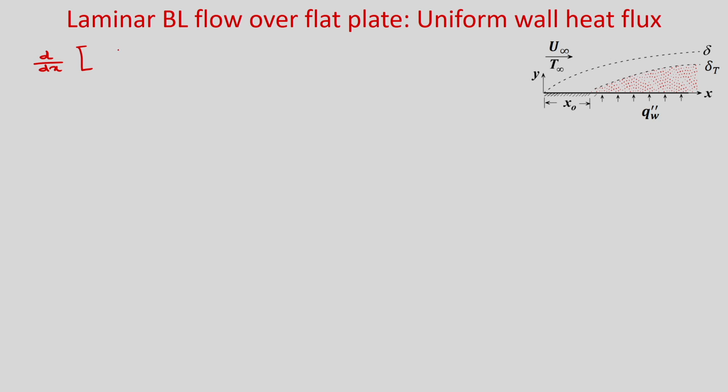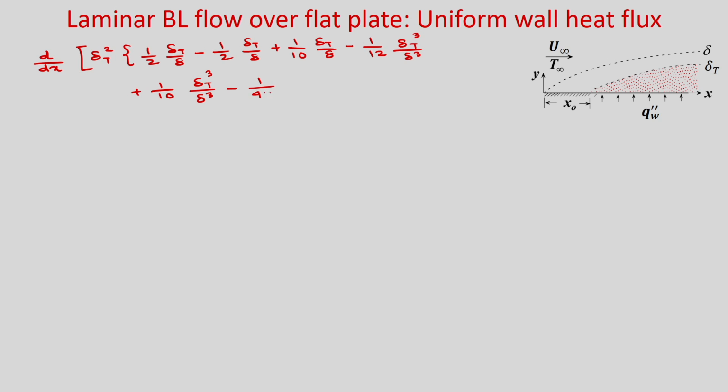You take delta_t squared outside as common, then you can write 1/2 delta_t by delta minus 1/2 delta_t by delta plus 1/10 delta_t by delta minus 1/12 delta_t cubed by delta cubed plus 1/10 delta_t cubed by delta cubed minus 1/42 delta_t cubed by delta cubed is equal to alpha by u infinity.